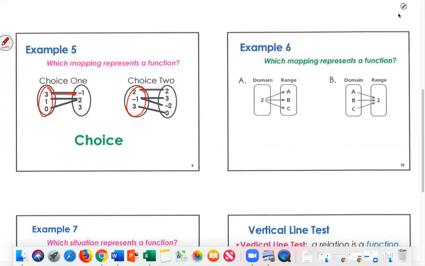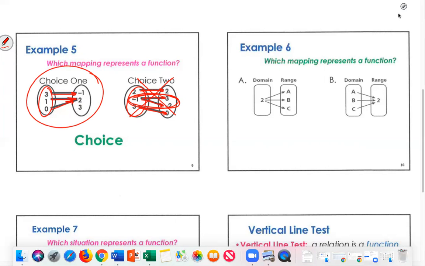Notice there's only one arrow coming out of 3, one arrow coming out of 1, one arrow coming out of 0. But over here on the right, I have one arrow coming out of 2, 2 arrows coming out of -1, and 1 arrow going out of 3. This right here makes choice number 2 not a function. So choice 1 is the function.